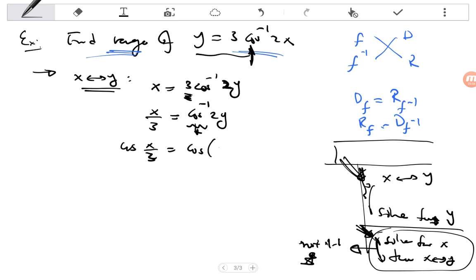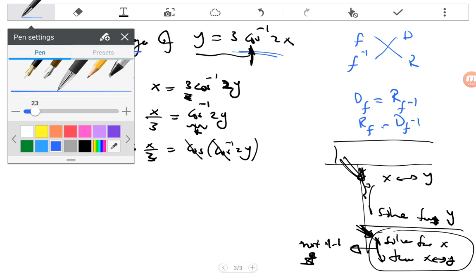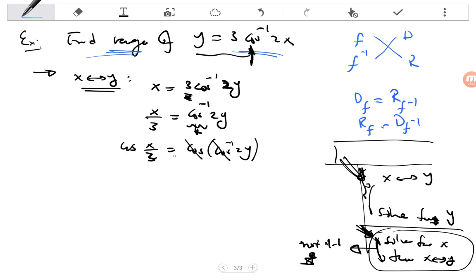But we need to notice here, for the operation of the cosine to cancel this one, is this the natural cosine? No. What are the inverse pairs of each other? The cosine inverse and the restricted cosine, not the natural cosine. So this is the restricted cosine.